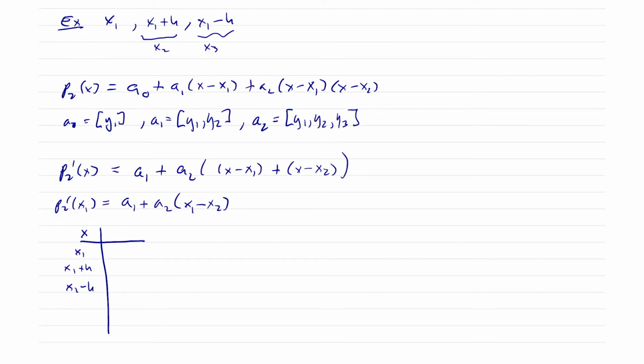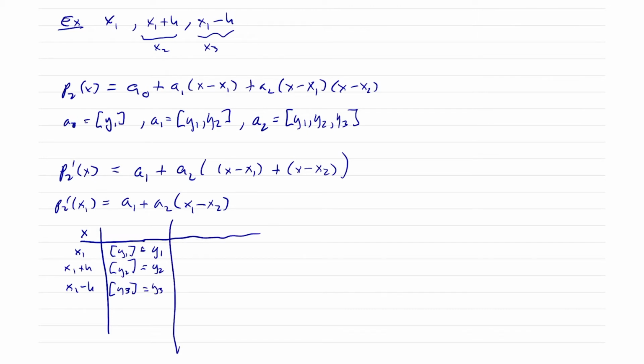Then for y, we're going to have y1, y2, and y3, and we know that each of these is just equal to itself, so y1, y2, y3.